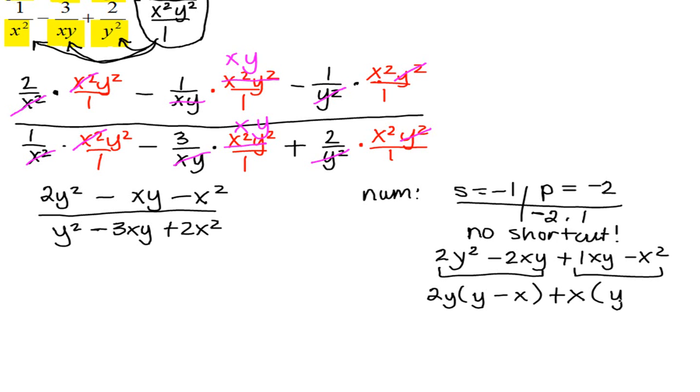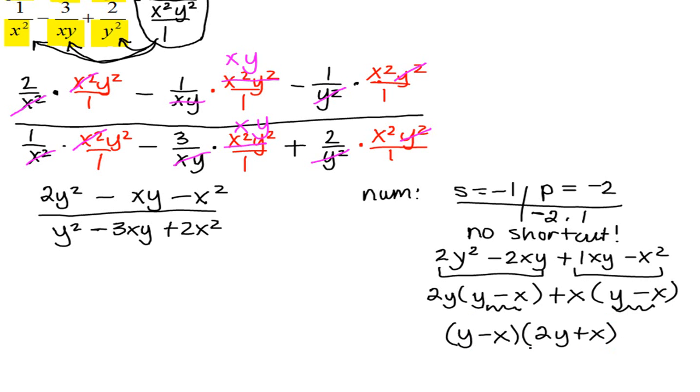Pull that out, and I have left y minus x again. Remember, my parts inside my parentheses has to be the same factor, so I can factor it out to the front. So I have y minus x for the factor that I'm factoring out now, and what's left over, 2y plus x.